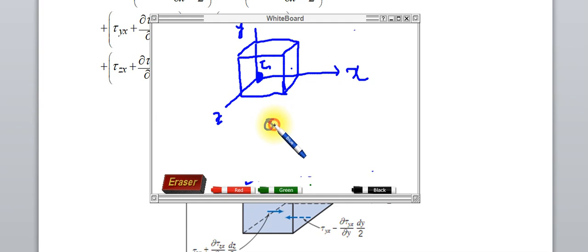So you can see there is sigma xx, and this is the center at x, and the face is at x plus dx by 2.